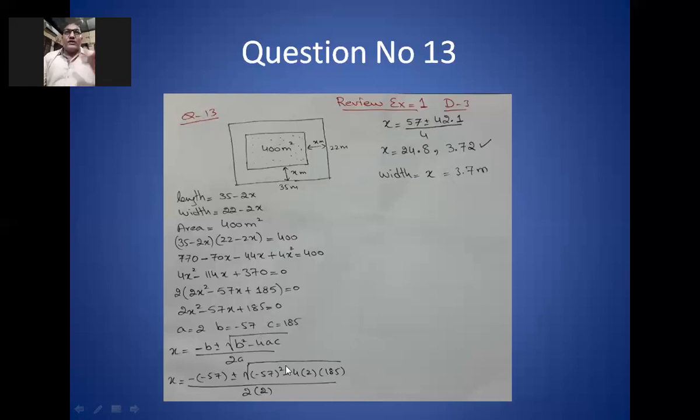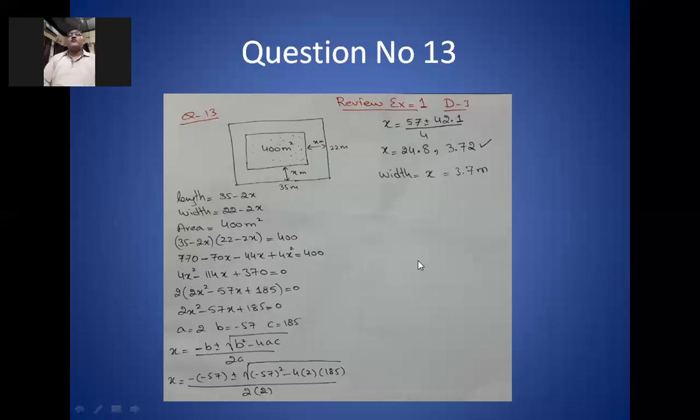And in your calculator you will write what I am saying. Bracket start minus 57, bracket close, raised to power 2, minus 4, bracket start 2, bracket close, bracket start 185, bracket close, equals to, under root, answer equals to. So you will get 42.1. So now we have two possibilities here.